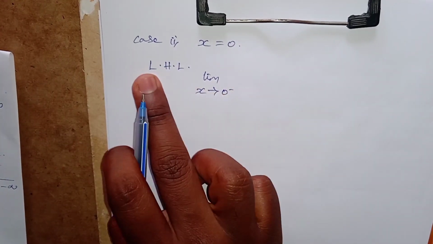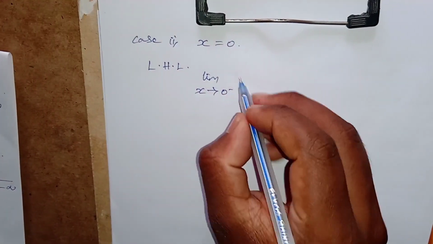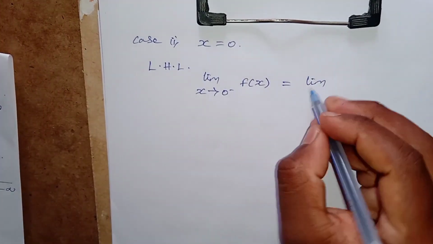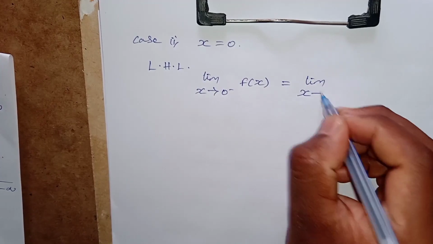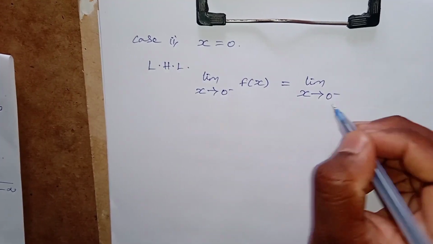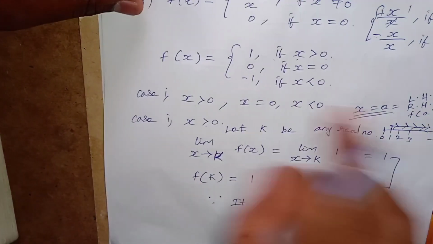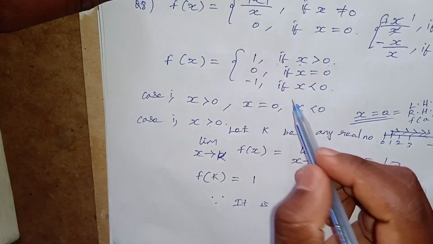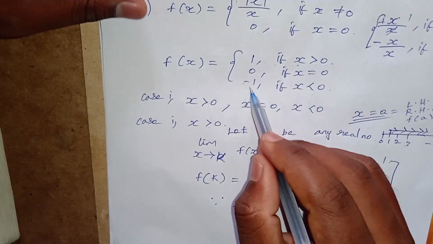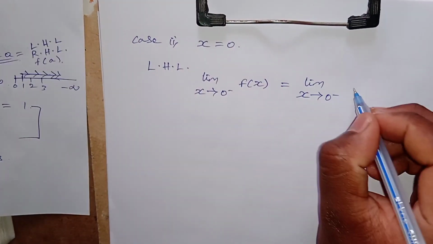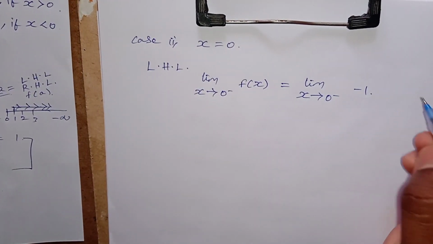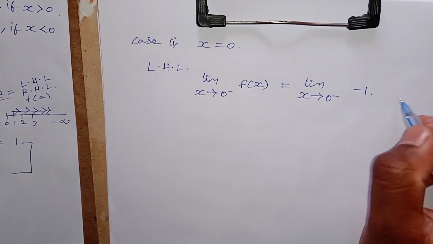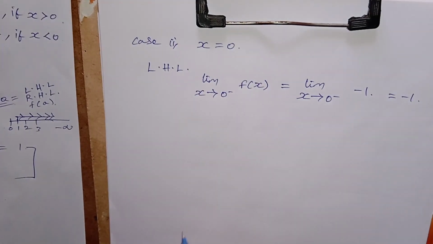For the left hand limit you have to take the limit as x tends to 0 minus of f of x. Here x is less than 0, so it is minus 1. Here no x, therefore my answer is minus 1.